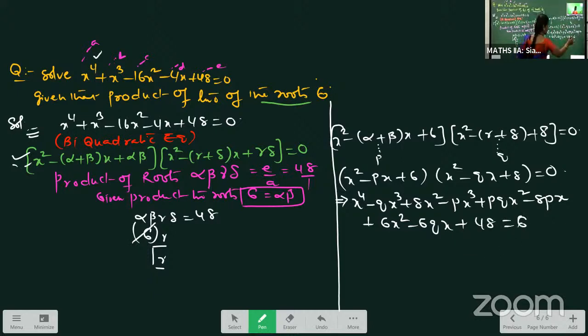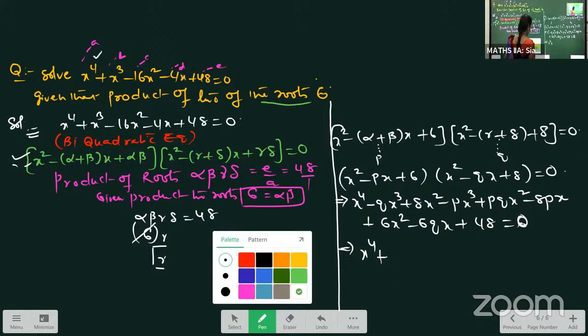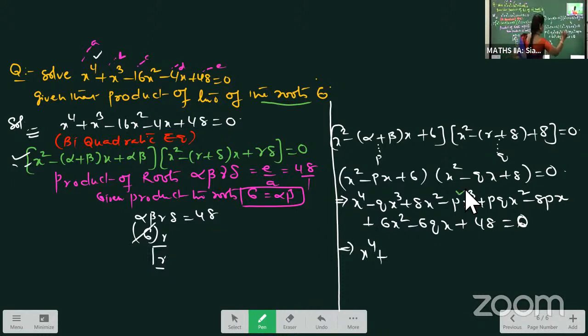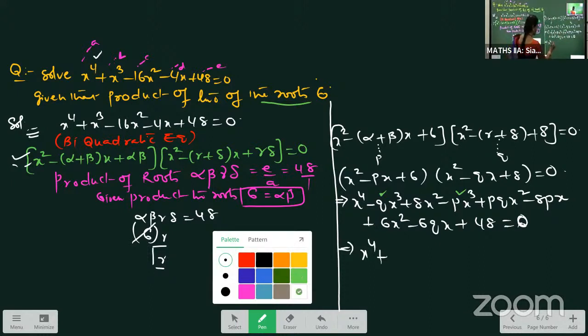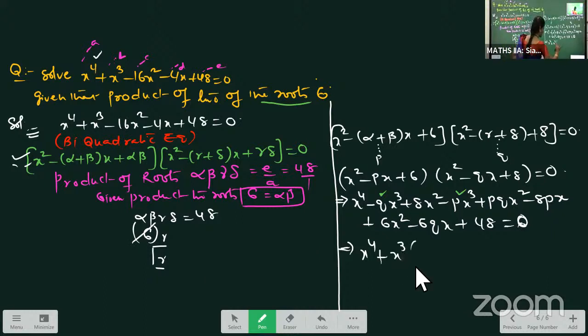Here now write x power 4 coefficient and then go for the x cube coefficient. What are the x cube coefficients here? So this is one x cube coefficient, and this is another x cube coefficient. Then I am writing this taking x cube as common, minus p minus q. Right.